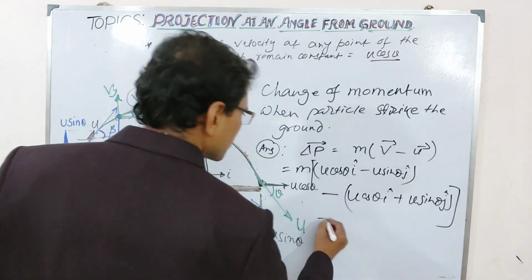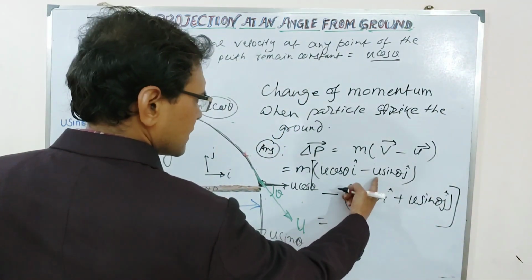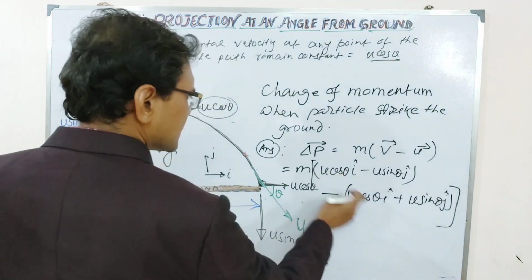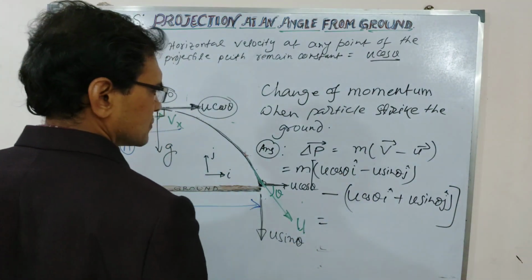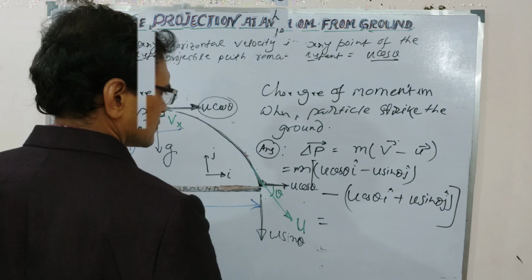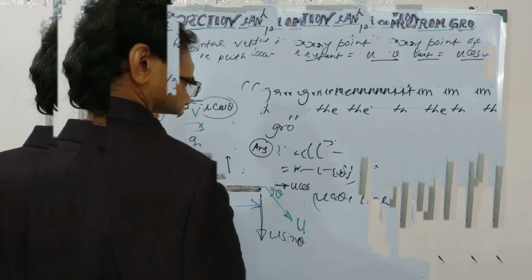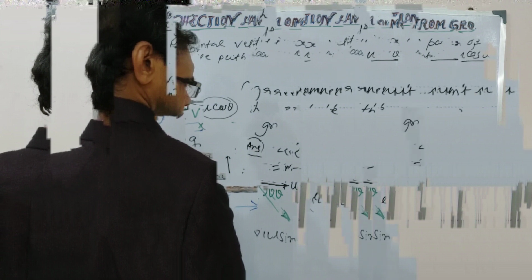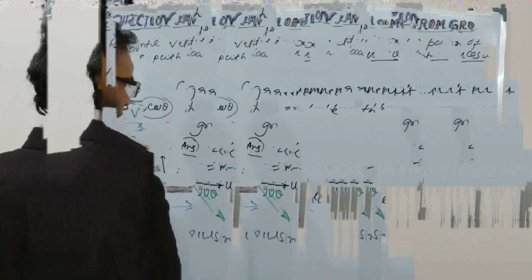So what comes the result? This and this cancel, this and this cancel. The result is minus 2m u sin theta j. Change of momentum will be this. The magnitude of change of momentum equal to this. This is the result.